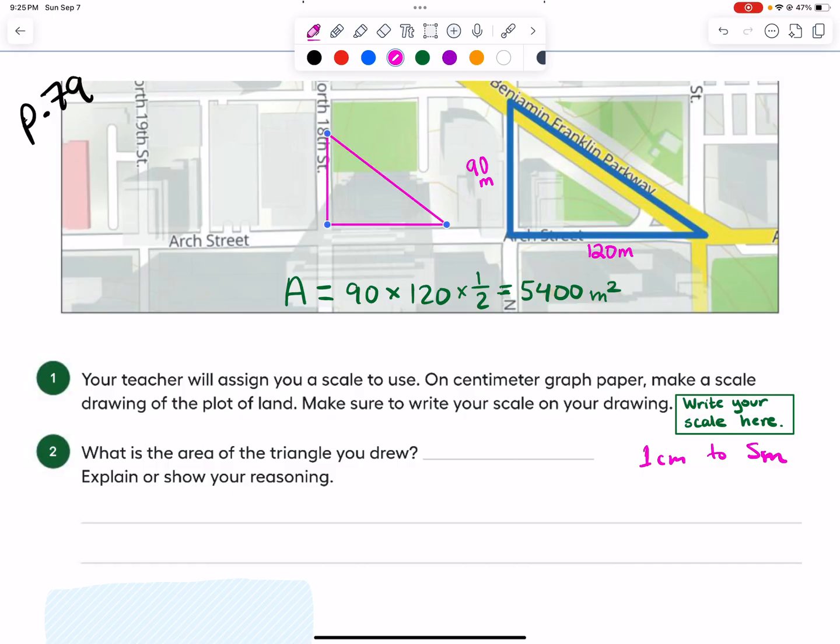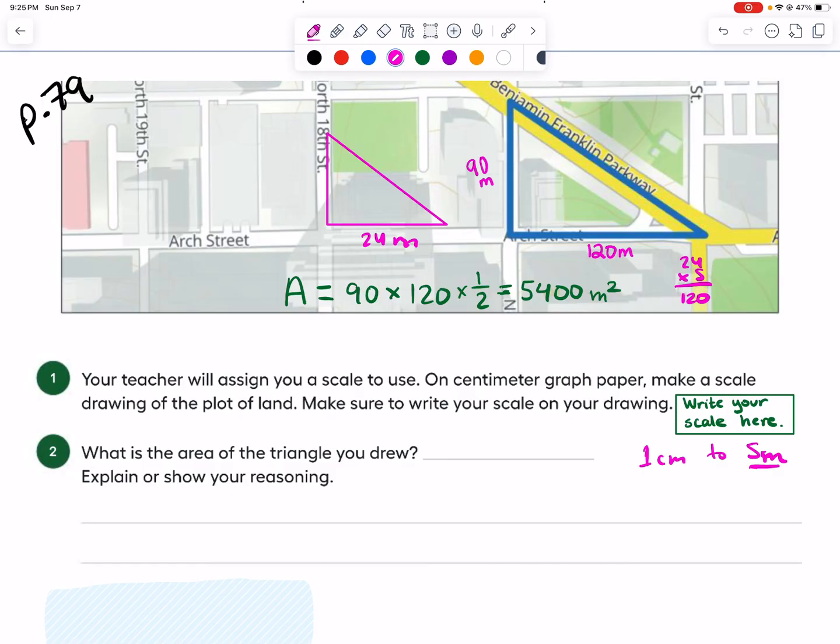I noticed that it should be getting smaller because this is 120 and this is 5 meters, so I should be dividing by 5. If I divide by 5, this should be 24 meters because 24 times 5 is 120.